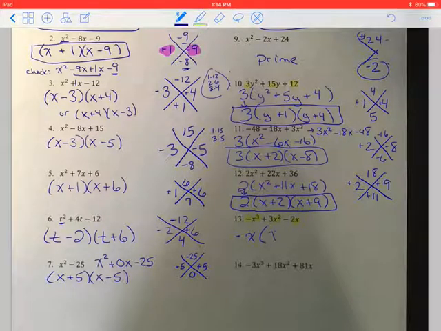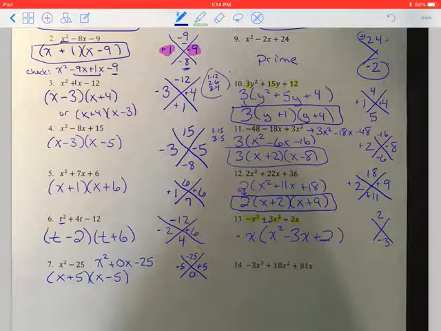So that's going to leave me with x squared. Now, if I divide a positive 3 by a negative 1, that gives me a negative 3, and I took one of the x's out, so I have 1 less x. And then negative 2 divided by negative 1 gives me positive 2, and I took out the x. So remember, when you factor out a negative, it does change all of your signs.